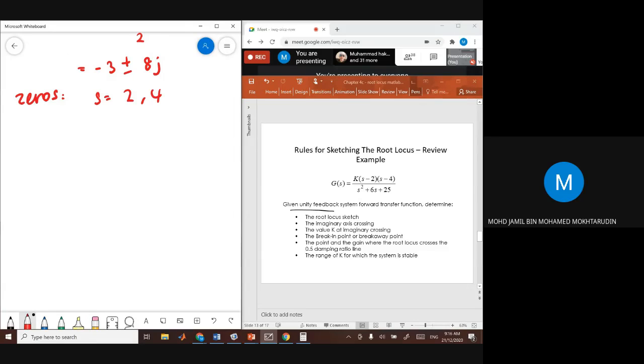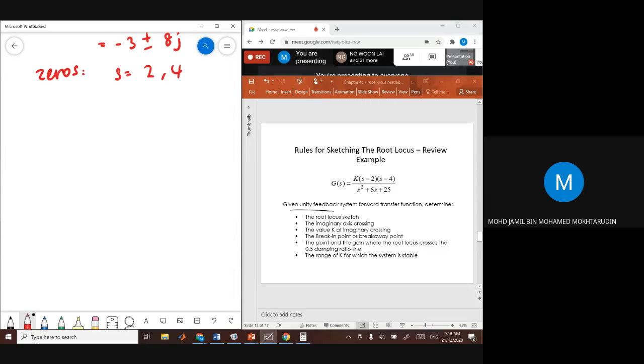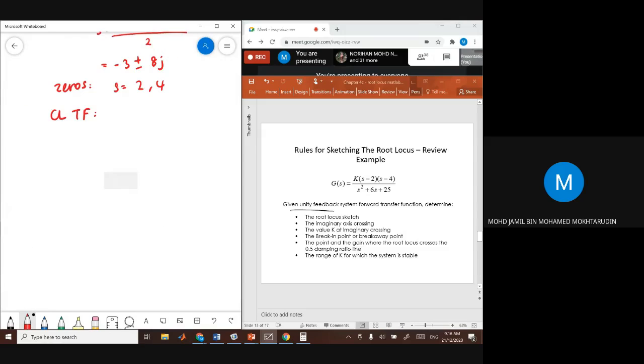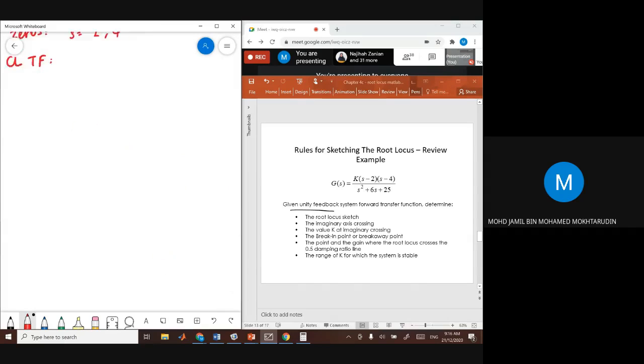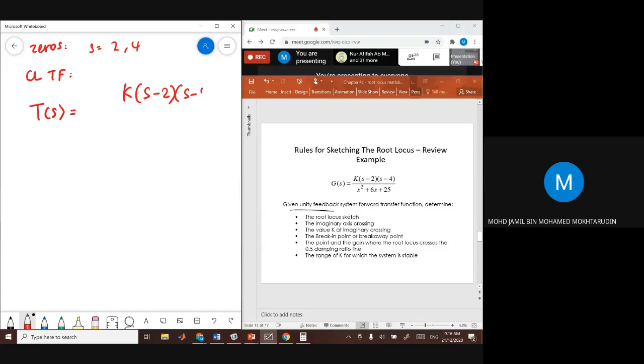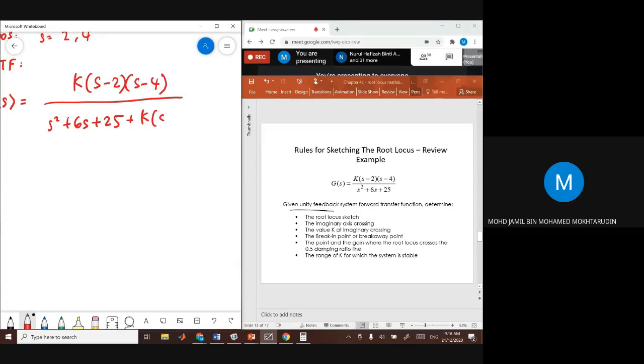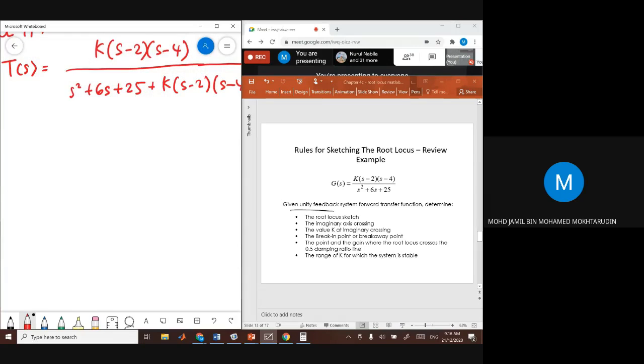So question number 2, imaginary axis crossing and the value of k at imaginary axis. So we need to find the closed loop transfer function. So closed loop transfer function. Okay, we take the denominator.